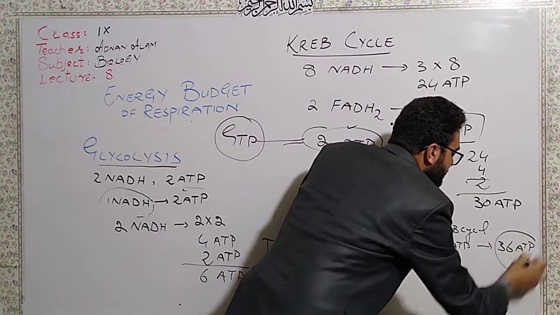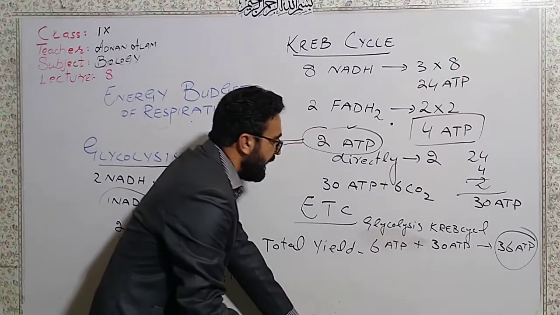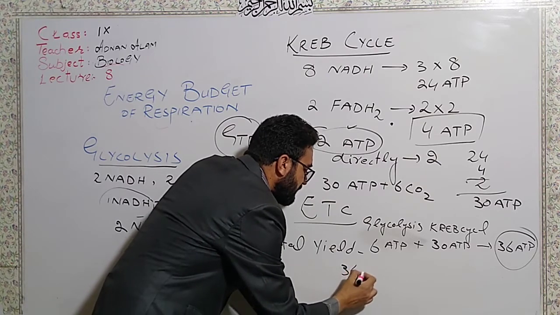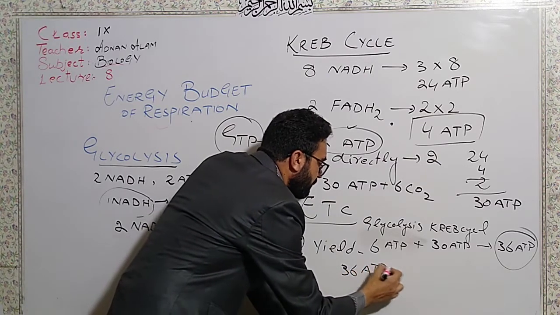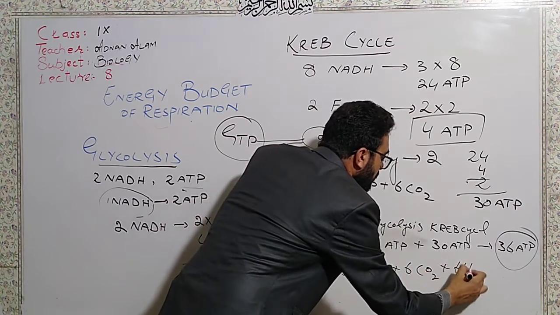Our total yield of energy is 36 ATPs. Additionally, we got 6 carbon dioxide molecules plus 6 H2O.